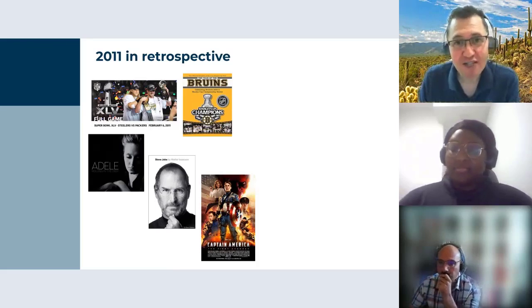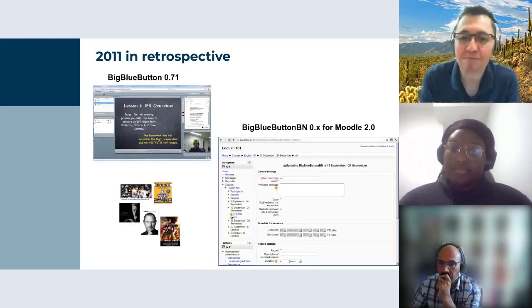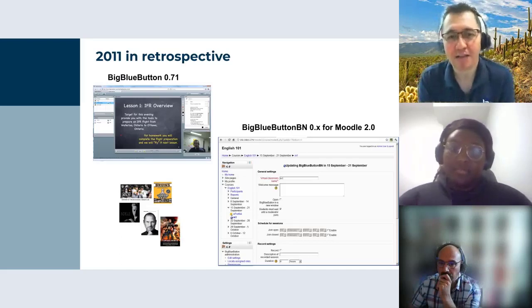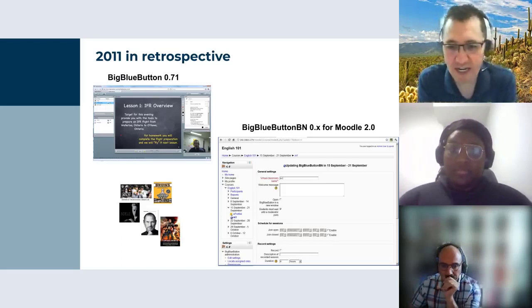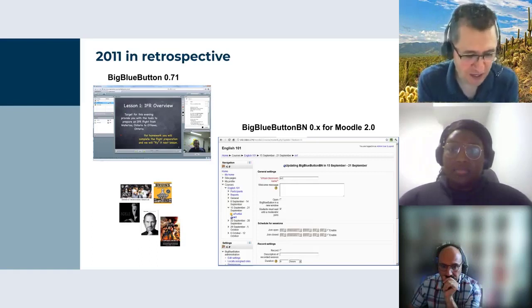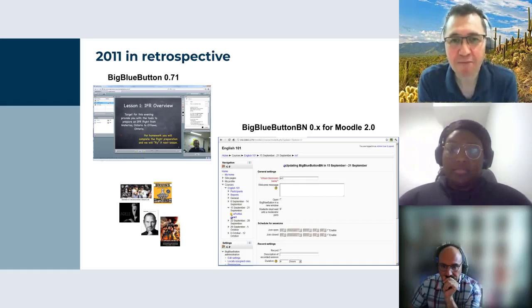But most importantly for us, there were a couple of things that happened and were landmarks or iconic events for us. BigBlueButton 0.71, for those who are newcomers to BigBlueButton, was a big milestone for us. It came with big changes in the architecture, and it also brought more usability.